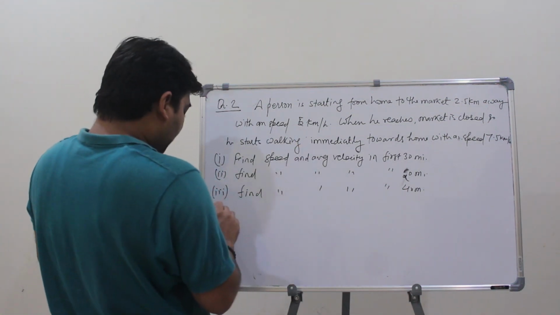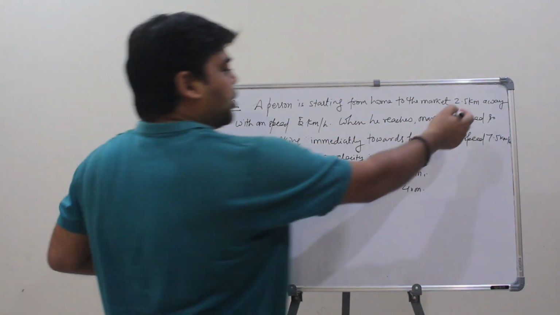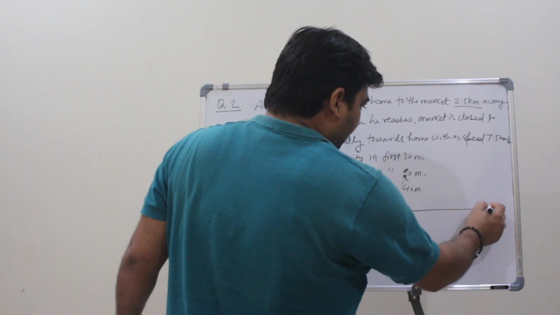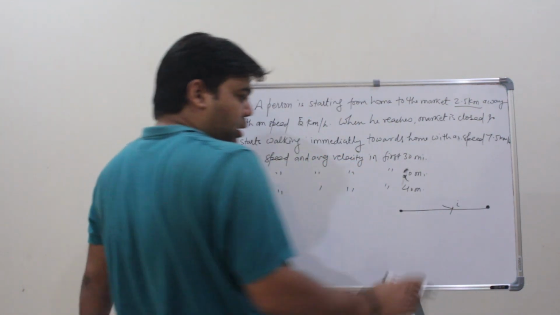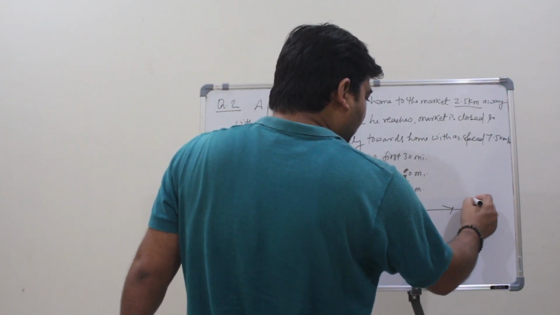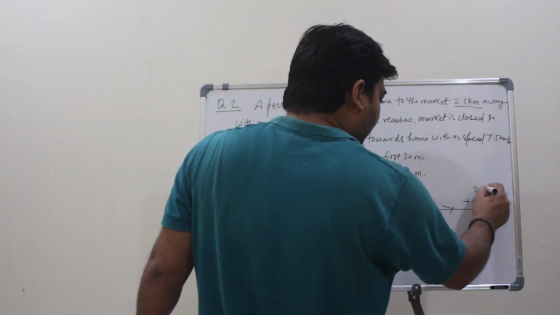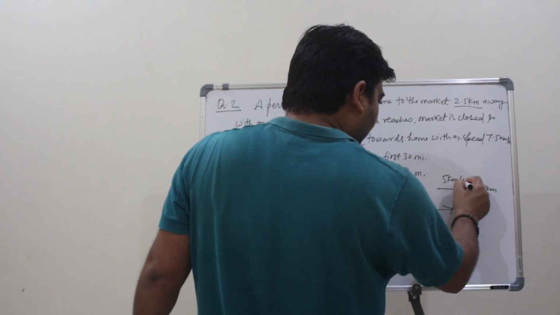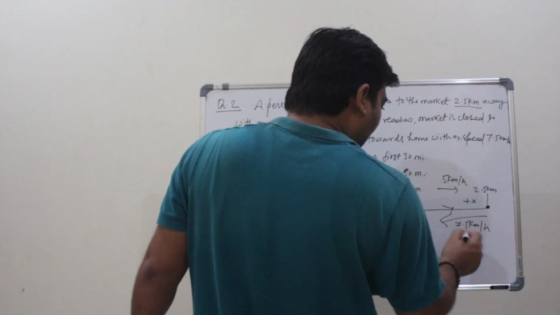So let us calculate the first one. Let us start, this is his home and this is the market, right? He is moving in positive x direction, which is right, and this is 2.5 km, moving with a speed of 5 km per hour and returning back with a speed of 7.5 km per hour, right?